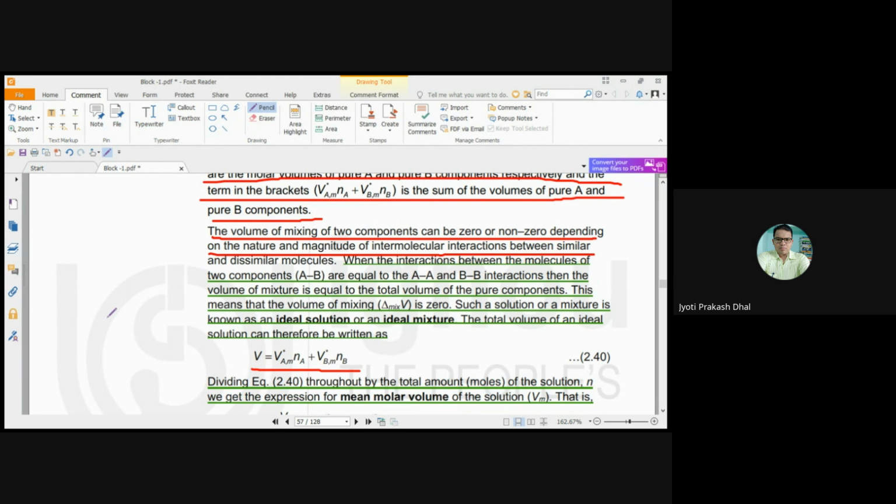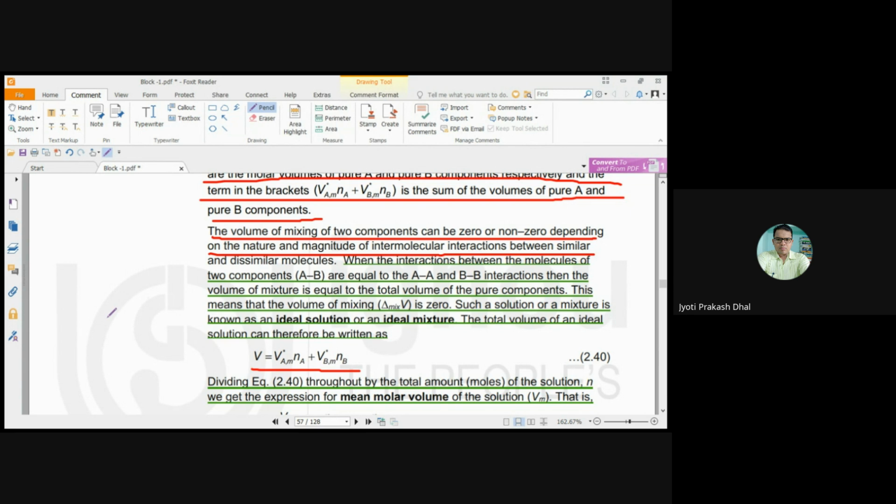So if the volume of the solution is equal to 200 ml, then that is called an ideal solution. For an ideal solution, the change in volume of mixing, ΔV mix, will be equal to 0.